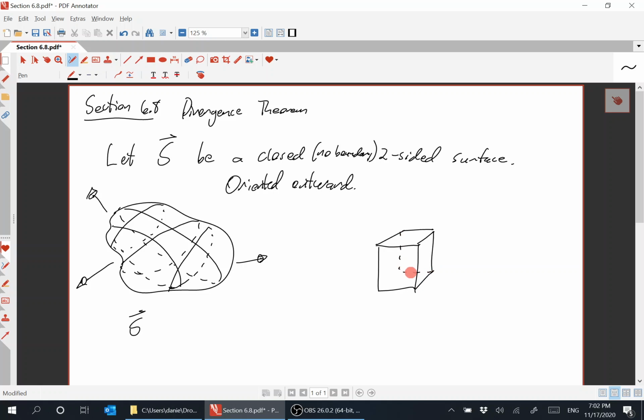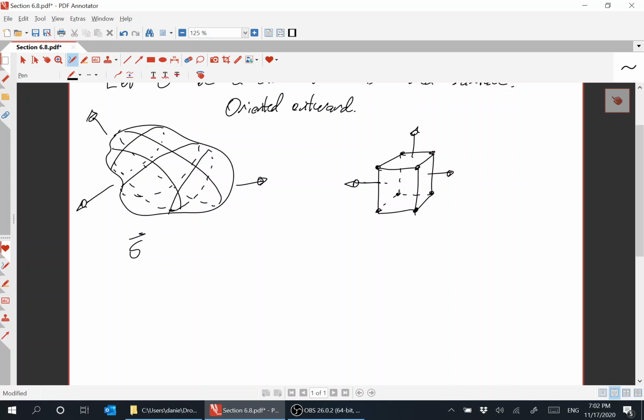We've talked about cubes before, but we've avoided doing examples because it's sort of tedious to parameterize a cube because you have to do each side separately. So cube, sphere, things of this sort. So vaguely sphere-like things.